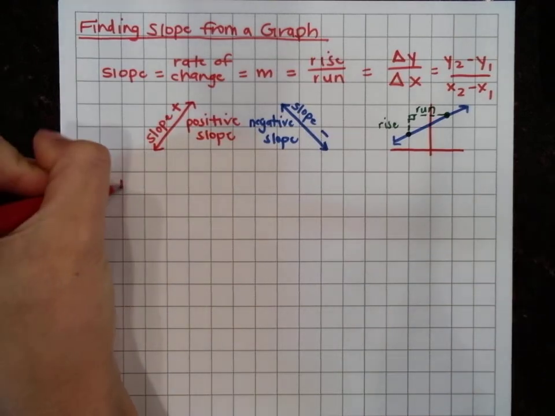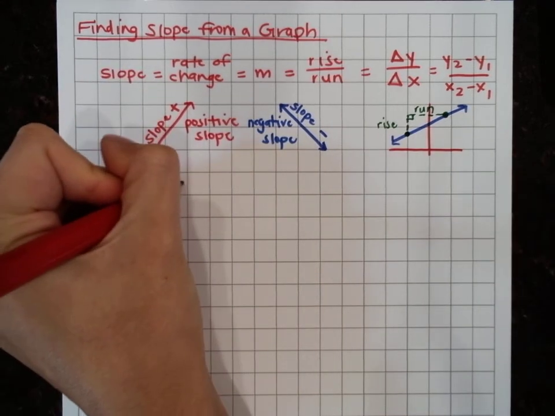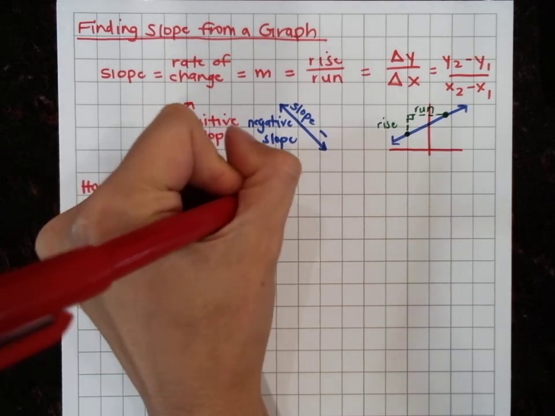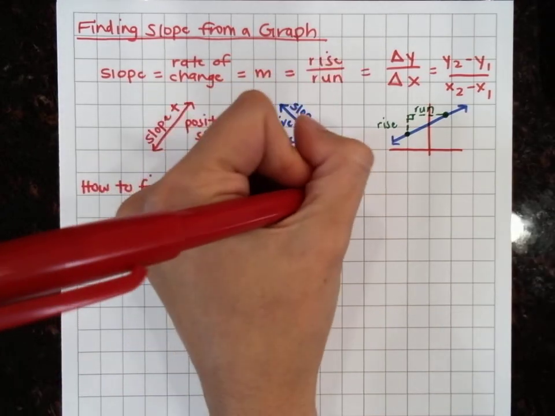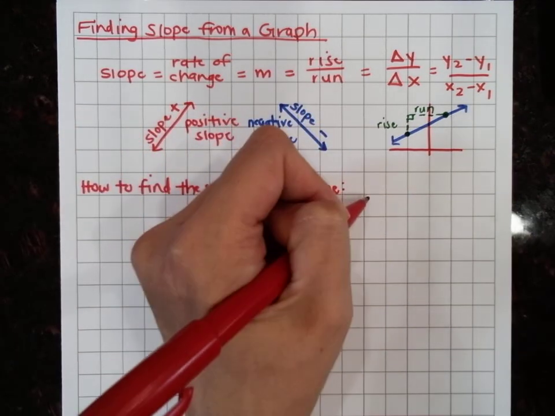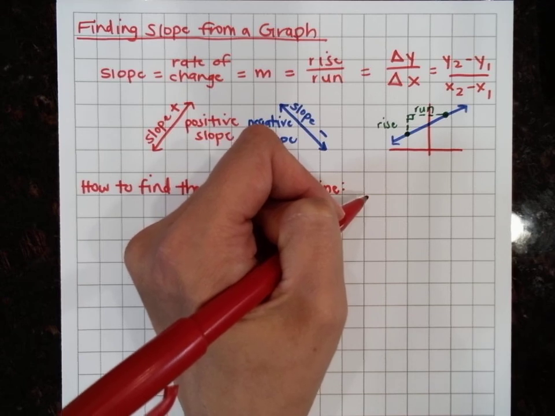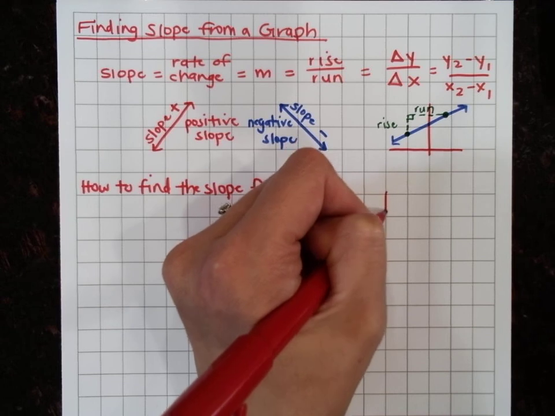Okay, so how to find the slope from a line? I'm going to leave 5 boxes.